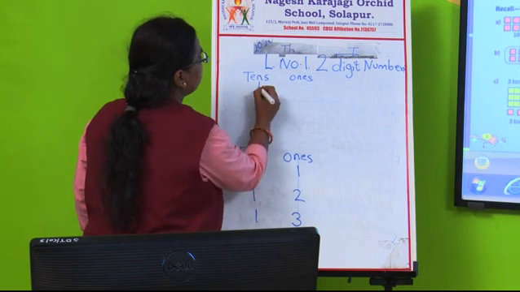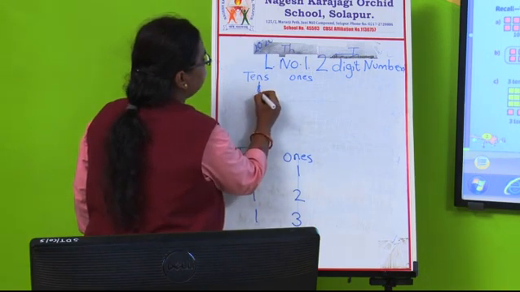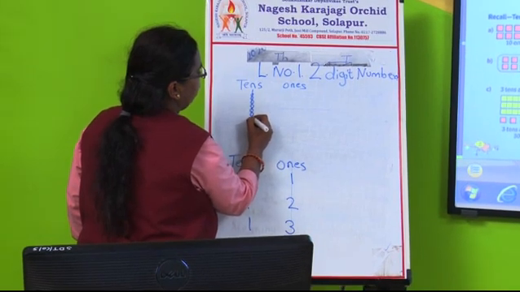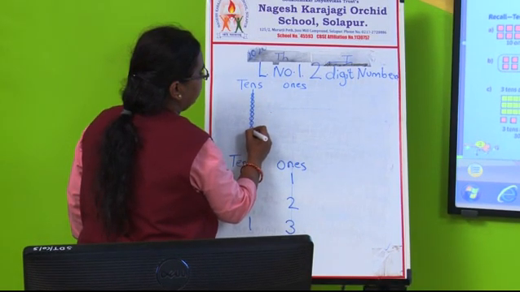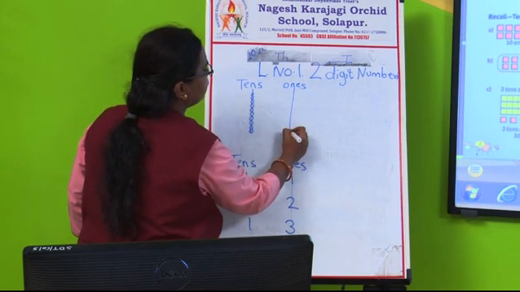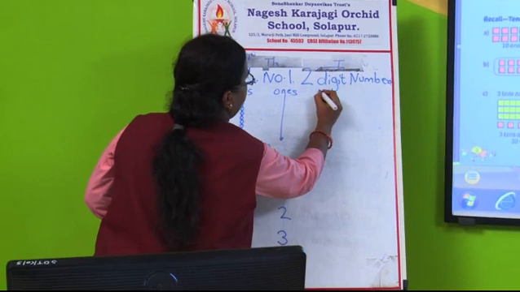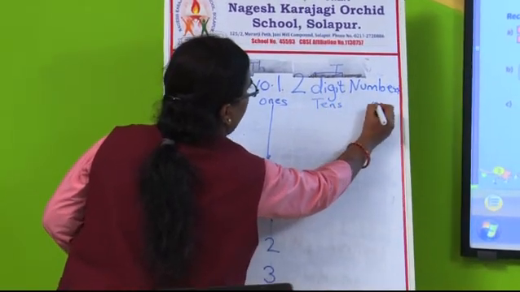Now, this is 1, 2, 3, 4, 5, 6, 7, 8, 9, 10, okay, tens. Then this is 1. Then next, ones.